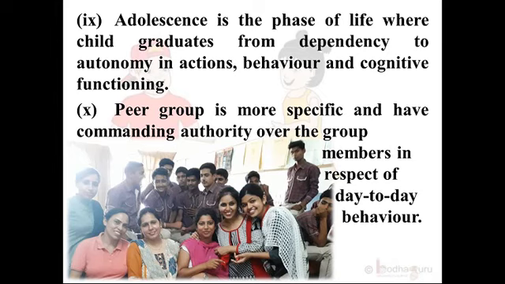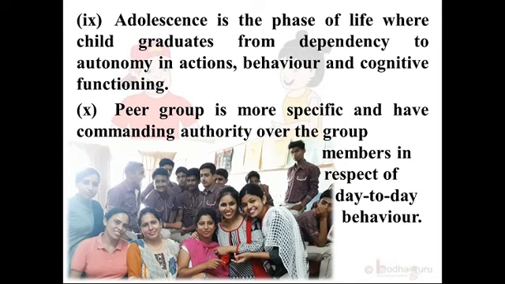The dependency decreases, or they tend to decrease that dependency, though they are dependent in some aspects on their parents, but they show that they love independence, in their activities, behavior and cognitive functioning.